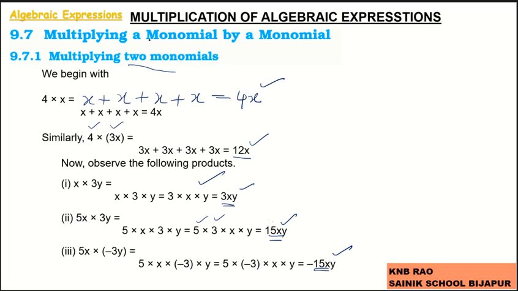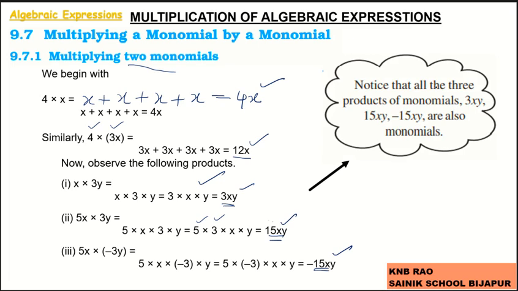You know how to multiply a monomial by a monomial. It is such a simple thing. Now children, very important, notice that all the three products, 3xy, 15xy, and minus 15xy, are products of monomials.